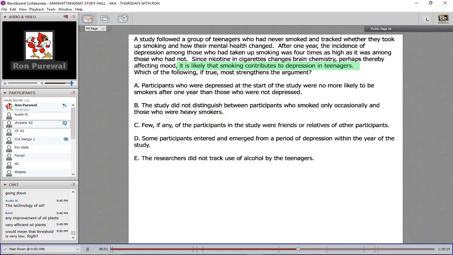There are two major ways in which you can show that something is probably not cause and effect. Who can tell me what those are? Because usually strengthening an argument like this is just ruling those things out.